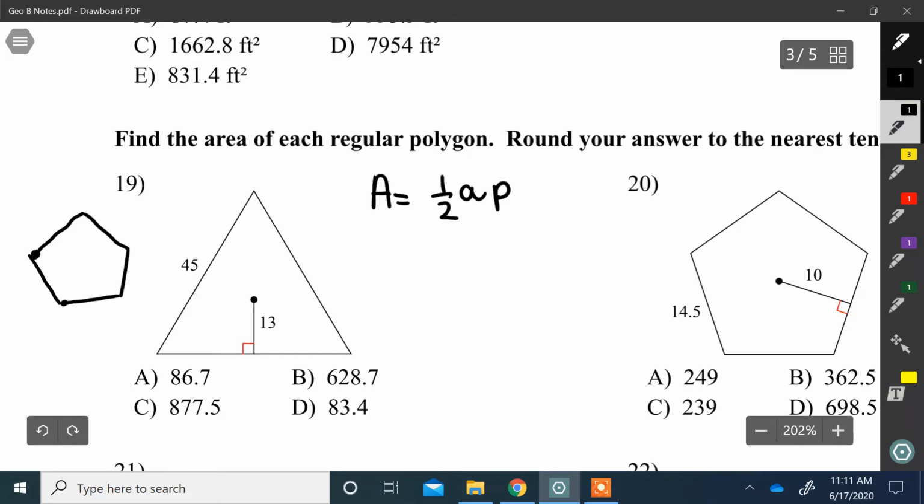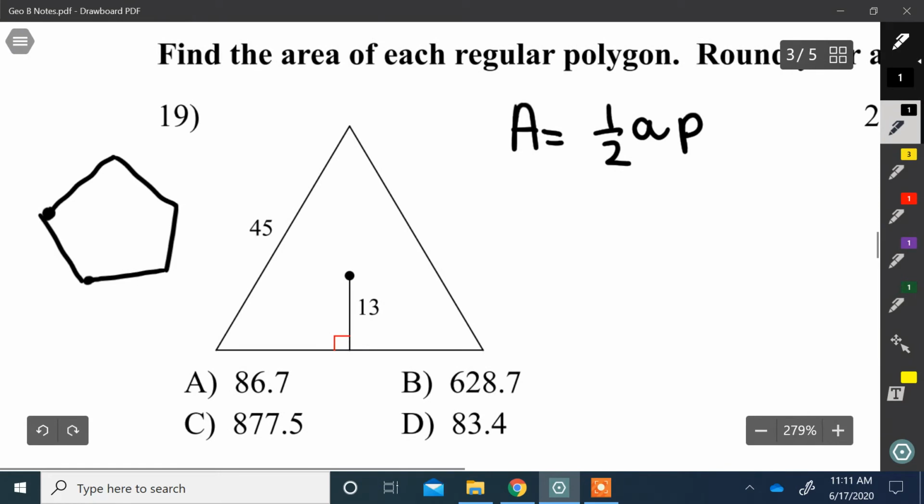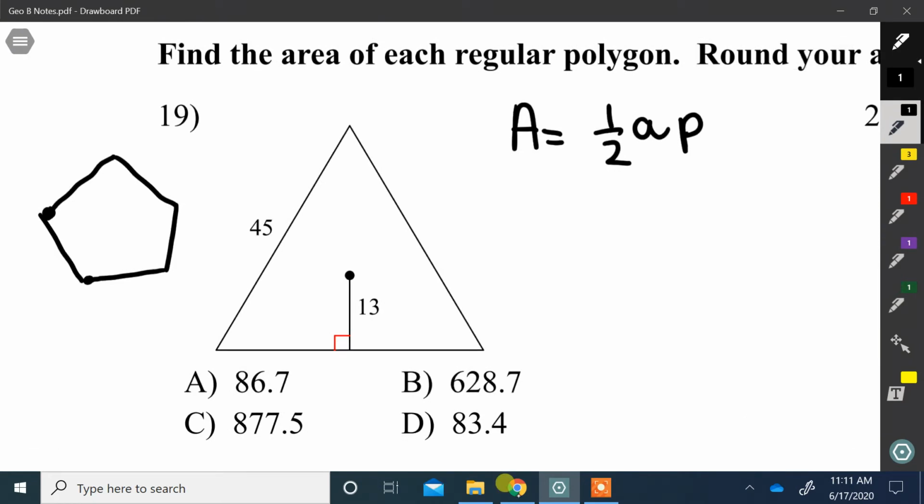First of all, a regular polygon, and hopefully this is something that you have seen before, is when you have a shape like this. You could have 6 sides, 7 sides. It's a polygon, so it means that it has multiple sides.